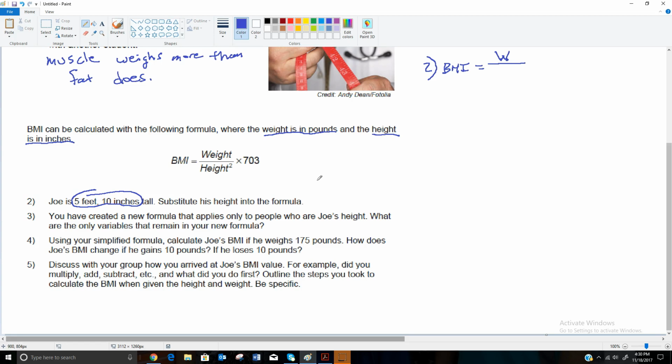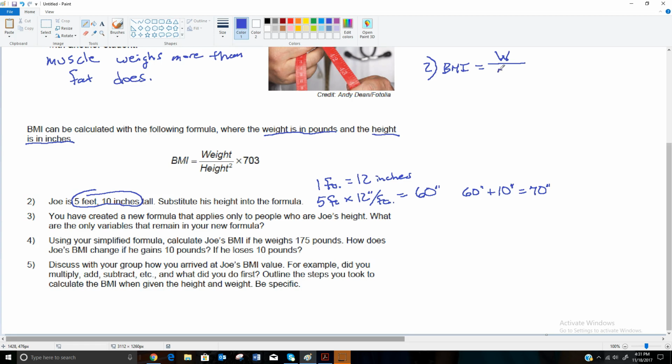So remember that 1 foot equals 12 inches. And so 5 feet times 12 inches per foot would get us 60 inches. So 5 feet is 60 inches, and then we're going to add 60 inches for the 5 feet, plus 10 inches because he's 5 foot 10, not just 5 foot. So Joe in inches is 70 feet tall. I'm sorry, 70 inches tall.